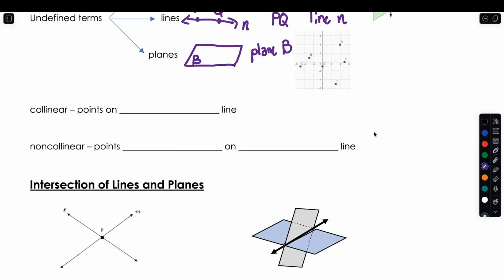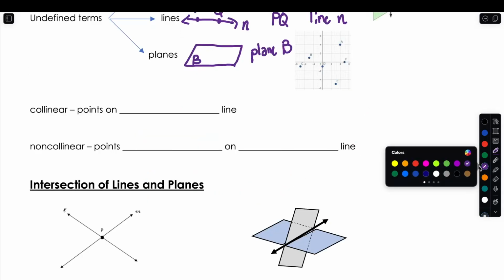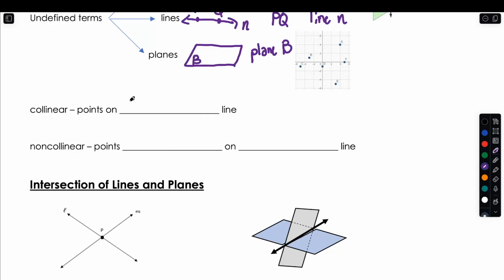Some other pieces of information that are good to know would be collinear versus non-collinear. Collinear would be points on the same line. Non-collinear would be points not on the same line.